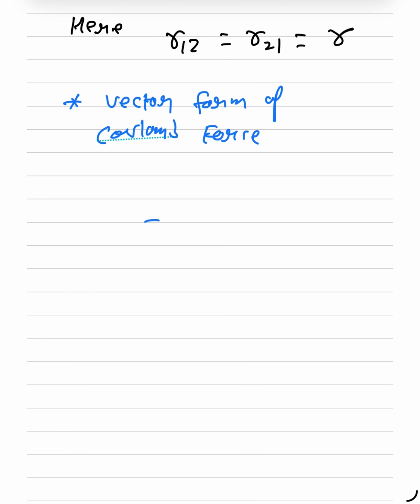This is a first point charge Q1, and this is a second point charge Q2.